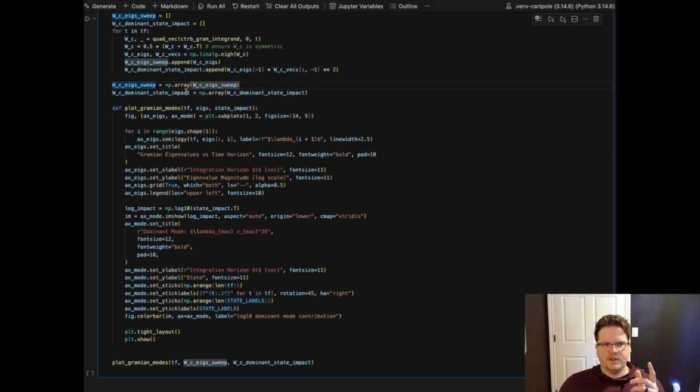And then for the dominant state impact, because this is ordered, I'm getting the largest eigenvalue, so the most dominant eigenvalue of our system, and then scaling its associated eigenvector energy-wise, and that's this dominant mode plot here. And that's going to be a heat map, and I'll show you the states and how the unit input energy integrated over time impacts these states.